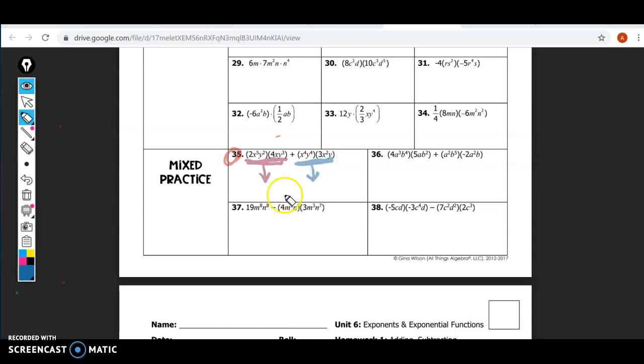Get that answer. Once you have both answers, they should be like terms. That means they have the same variables with the same exponents. Lastly, you can add them together to make your final solution.